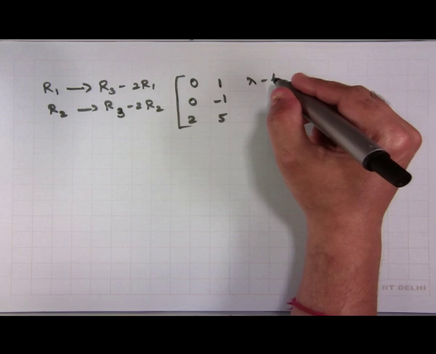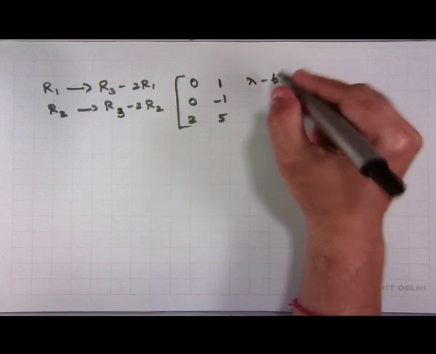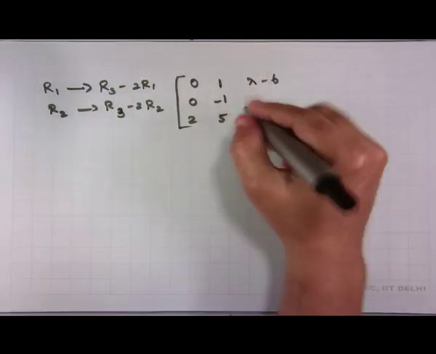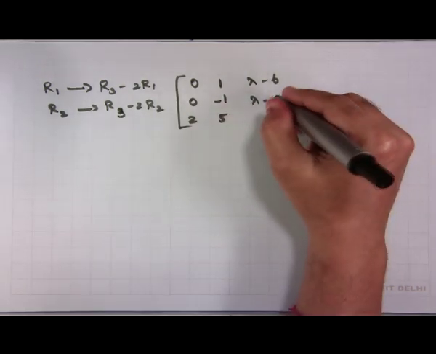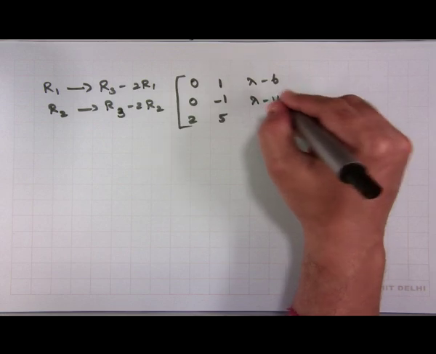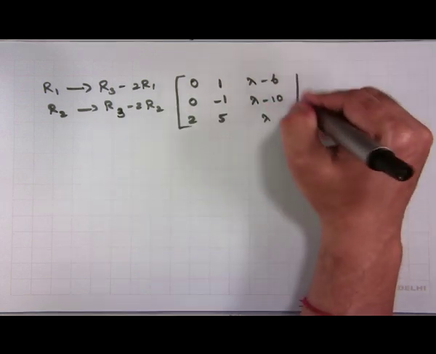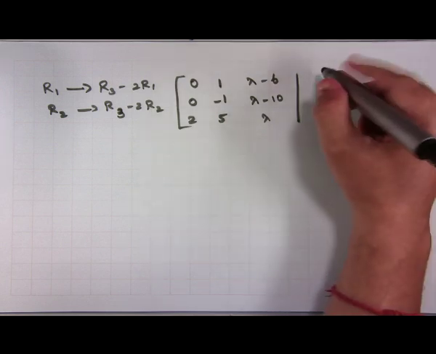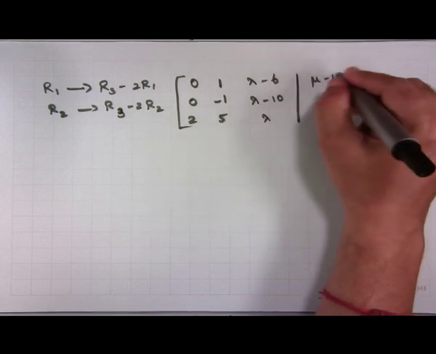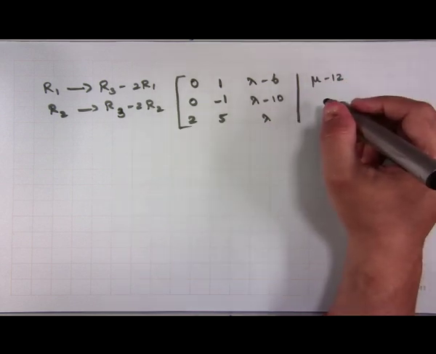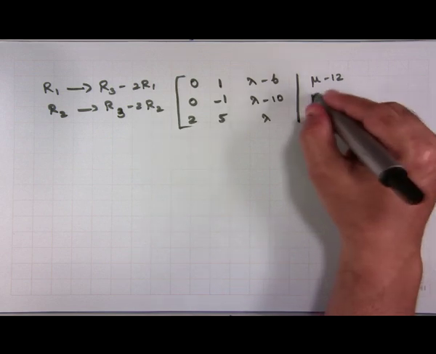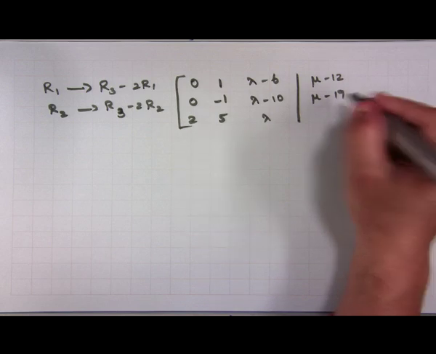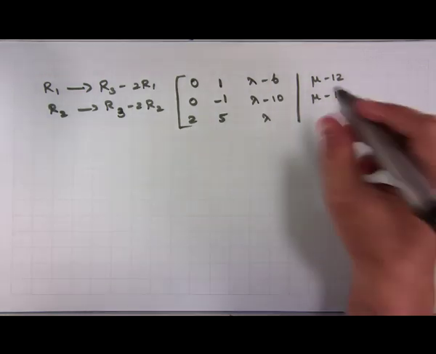Last one, mu minus 2 into 6, which is mu minus 12.